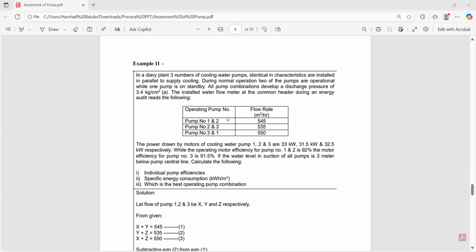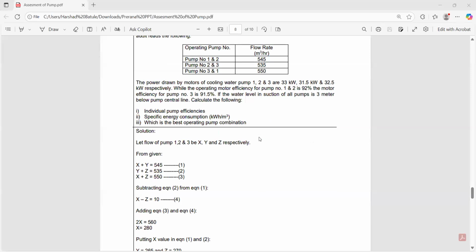So what they have given is the flow rates of two pumps operating simultaneously. So we have to solve for the individual pump flow, individual pump efficiency, specific energy consumption, and what is the best pumping combination.